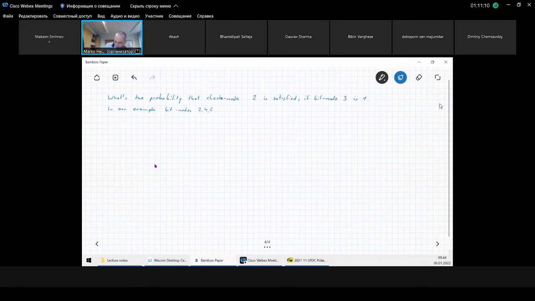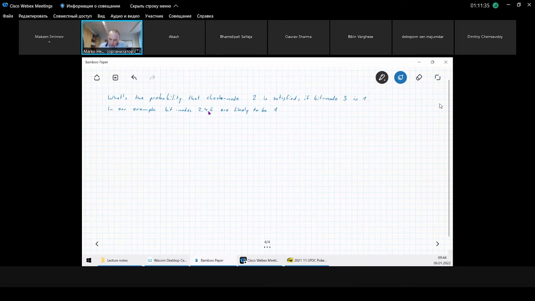Two, 4, 6 are likely to be 1. So we have the sum of 3 ones.